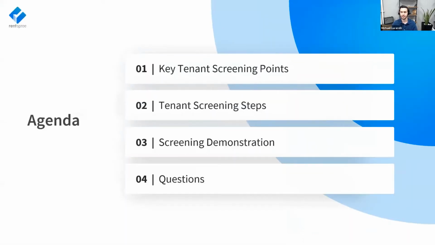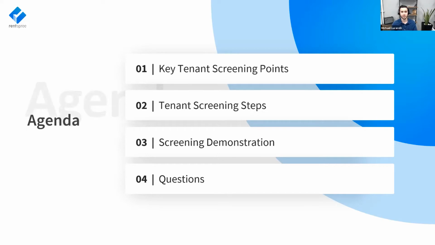Taking a quick look at the agenda today, the first thing we're going to touch upon are the key tenant screening points that I would encourage all of you to take a close look at, whether you are relatively newer to screening or maybe you have some experience. We're going to touch on some points that can really help get things done. We'll then take a look at tenant screening steps.